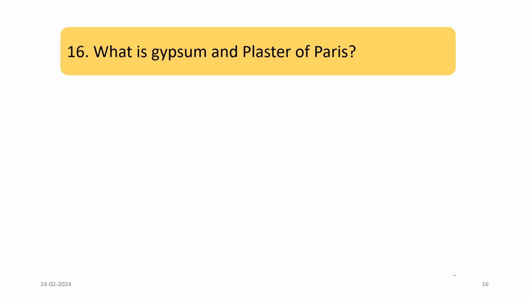And gypsum is calcium sulfate into 2H2O. Yes, so gypsum is CaSO4·2H2O. It is also a dihydrate. But CaSO4·½H2O, the hemihydrate, is called plaster of Paris.